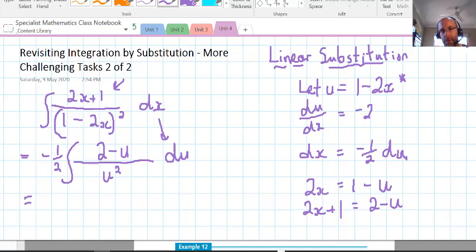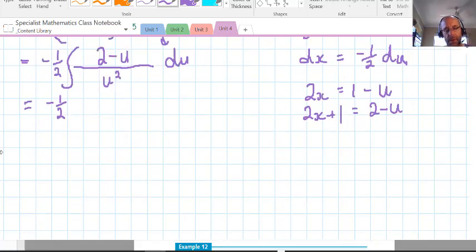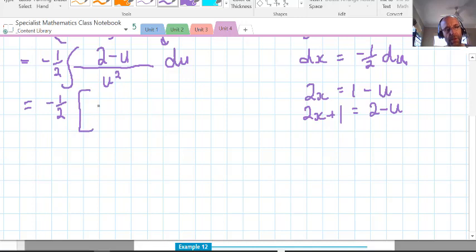Okay, moving down a bit. Now, like you might have seen previously in some of my videos, we can split that numerator up into 2 over u squared. We can take the integral of that, and the u subtracted off, the integral of u over u squared.